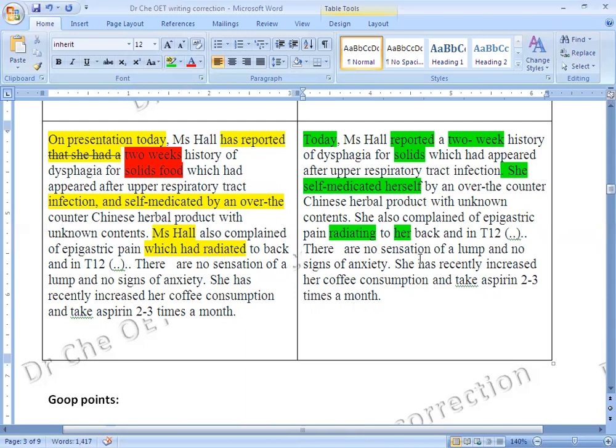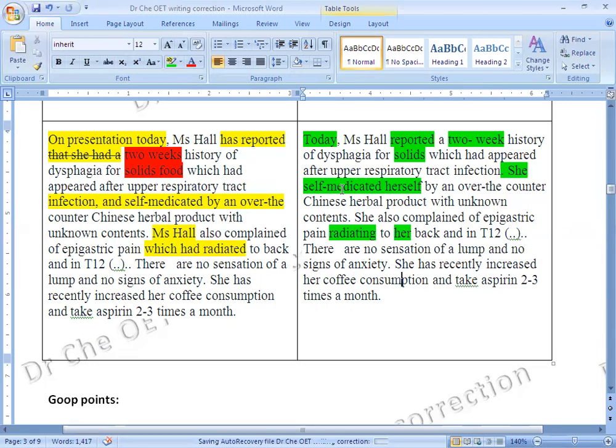There are no sensation of a lump and no signs of... There are, let me see. You can see here the student is writing about today's visit.